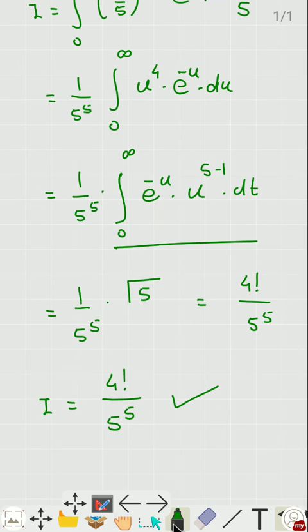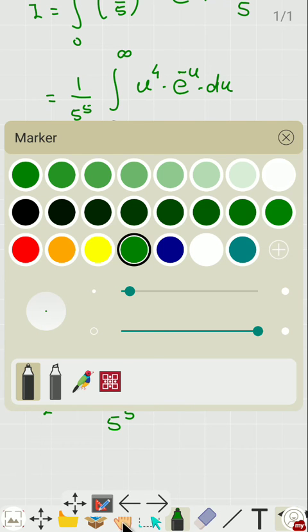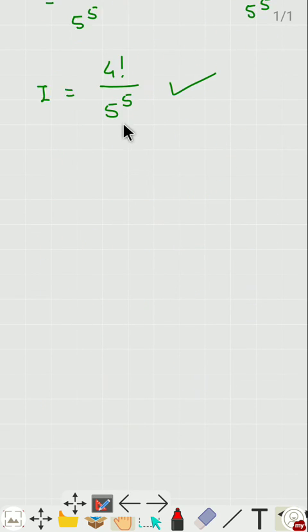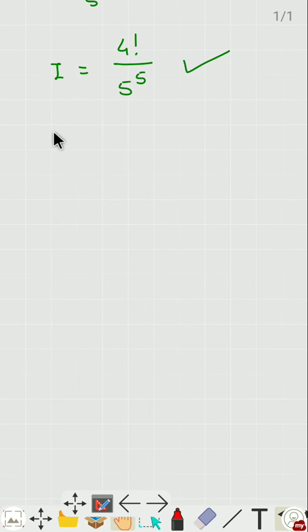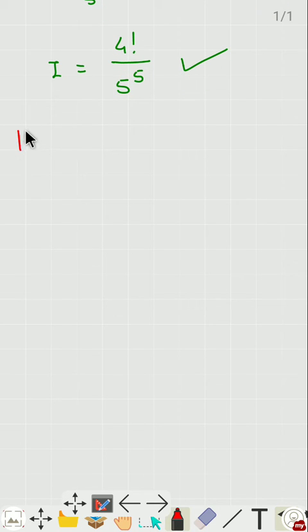Now in this lecture I would like to give some homework for you. Try to solve these examples, or try to evaluate these examples.